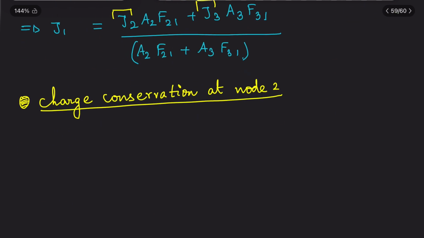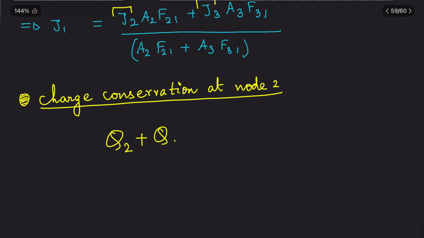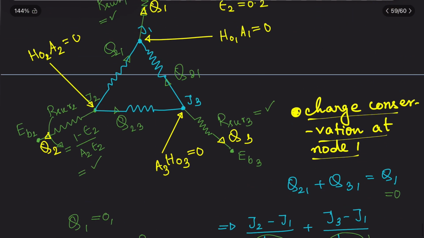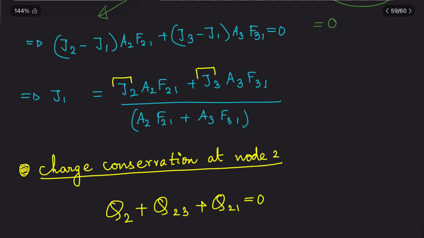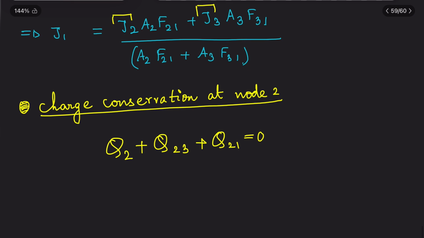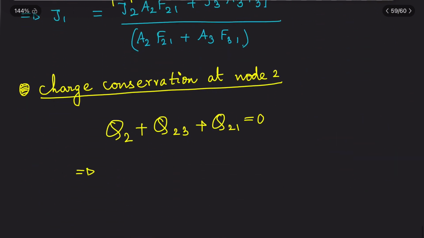Okay, so Q2 plus Q23 plus Q21 is equal to 0. Okay, so now you see Q2 is equal to J2 minus EB2 by 1 minus epsilon 2 by A2 epsilon 2.